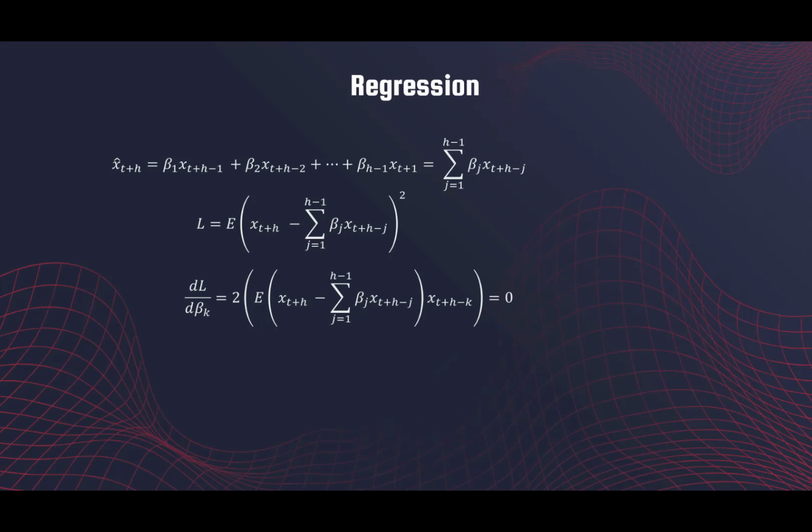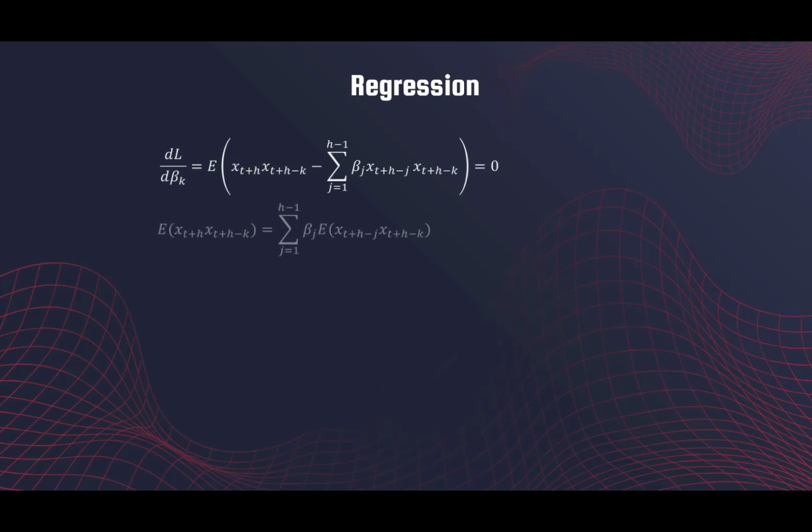Remember, we are differentiating with respect to only one beta here, beta k, one specific beta. So that's not hard to do. Then we differentiate with respect to beta k, equate to 0, simplify and simplify further. This is what we get.